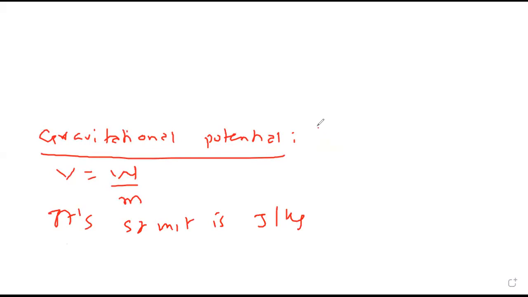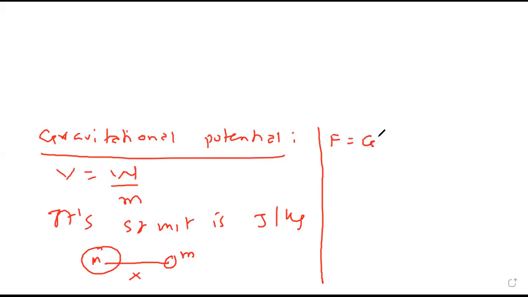So if I want gravitational potential in terms of distance, consider body of mass M and small m situated at distance x. So force of attraction between them is GMm upon x square.